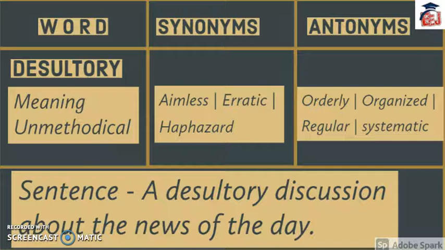Orderly, organized, regular, systematic. These are antonyms. Sentence: a desultory discussion about the news of the day. That means unmethodical discussion. There was no plan, so it was useless. It went in vain. So the meaning of desultory is unmethodical, which is unplanned, unsystematic.